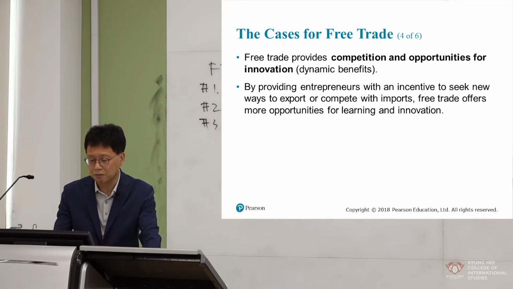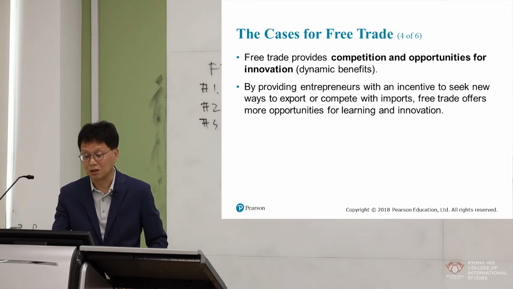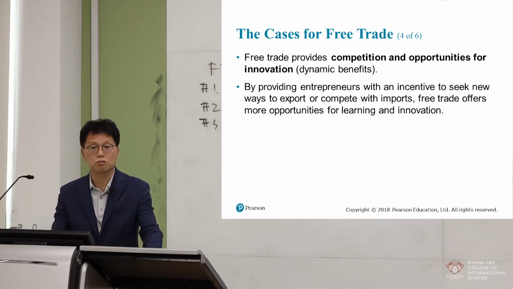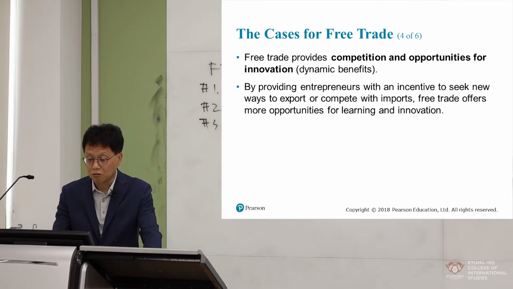Lots of Korean politicians blame the large conglomerates of Korea, right? Sometimes that is true in some sense, but in another sense, they did their best to export their goods to the world market or compete with foreign firms. In this way, we can produce more and consume more, and per capita GDP increases. Okay?